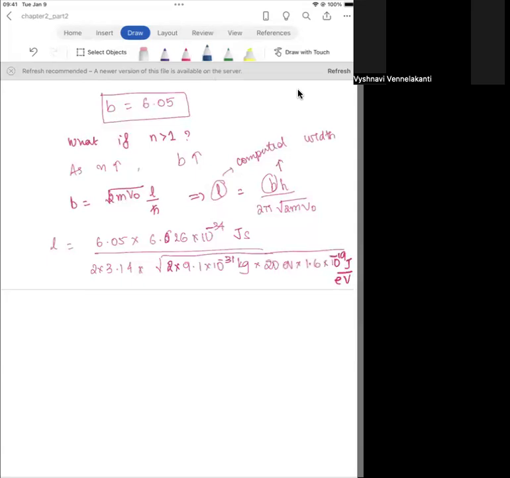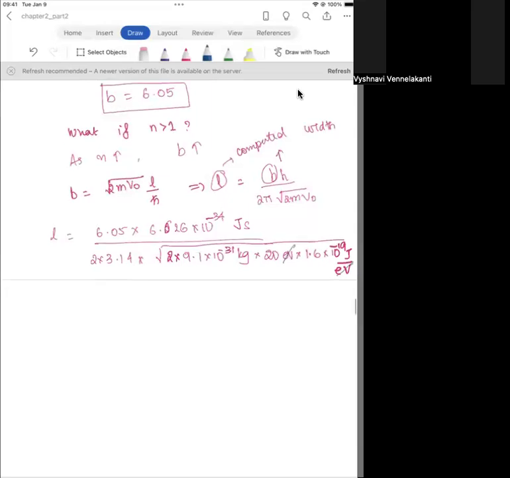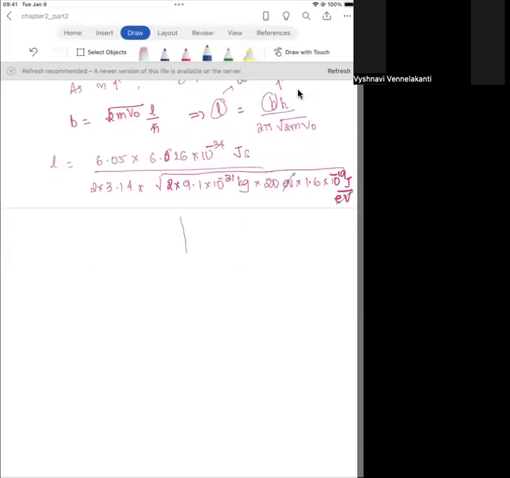Let's actually take a look at the units. In the numerator, you have joules. Joule is Newton meter. Newton is kg meter per second squared. And this results in kg meter squared per second.